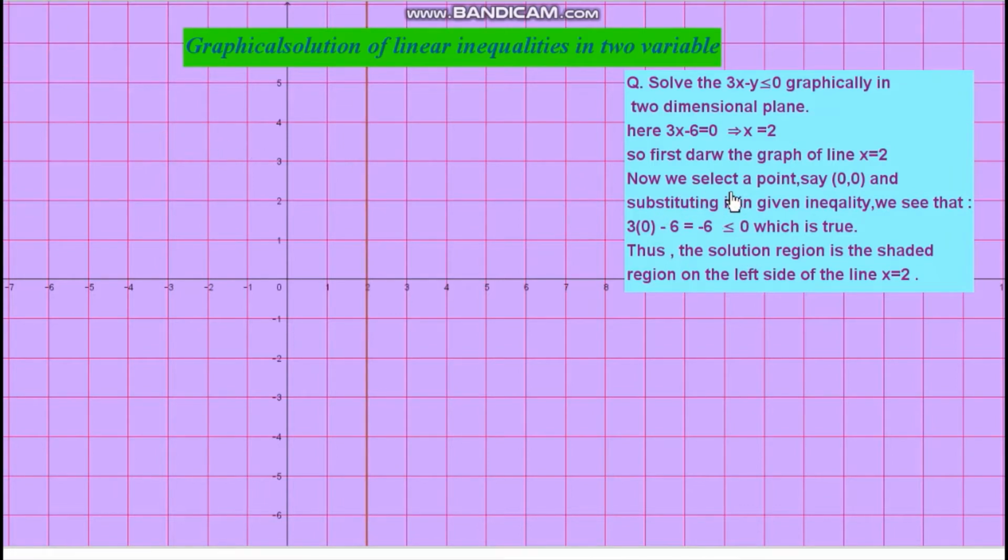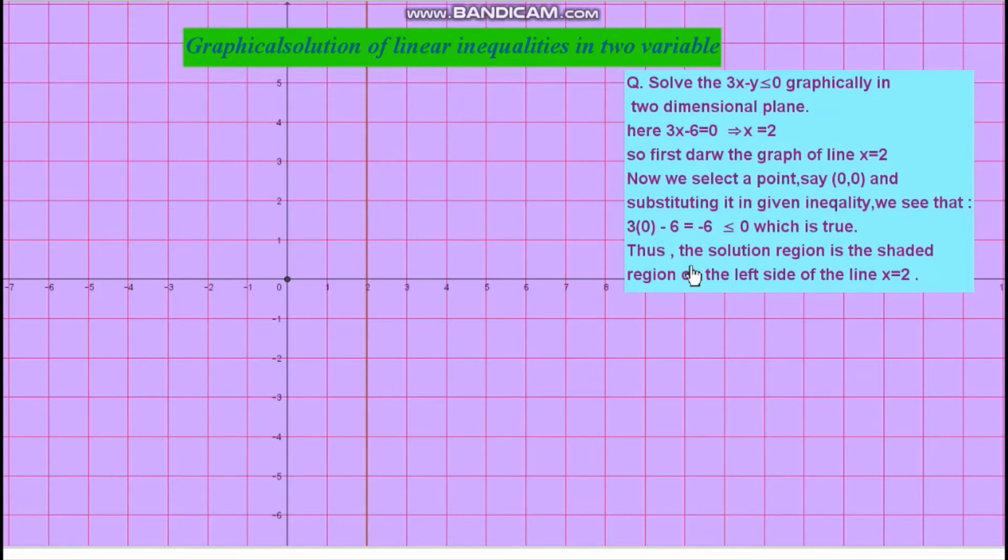Now we select a general point, let it be 0, 0. This is our 0, 0 point, the origin. If we put 0, 0 in the given inequality, it becomes 3 times 0 minus 6, which is equal to minus 6. And we know that minus 6 is less than or equal to 0, which is true.